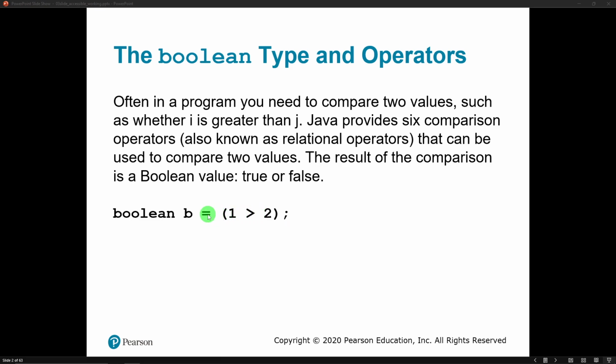Then equals is our assignment operator. It's going to take that false value and assign it to this variable called b, which we declared to hold a Boolean value. That means b can only hold true or false. So 1 is greater than 2 evaluates to false. False gets stored in the Boolean variable b. And then we can access that variable when we need to access it.